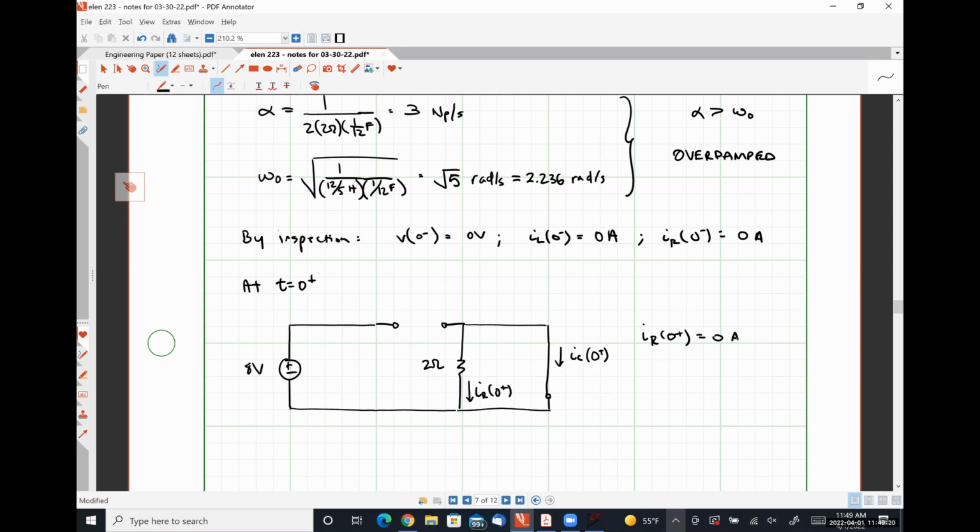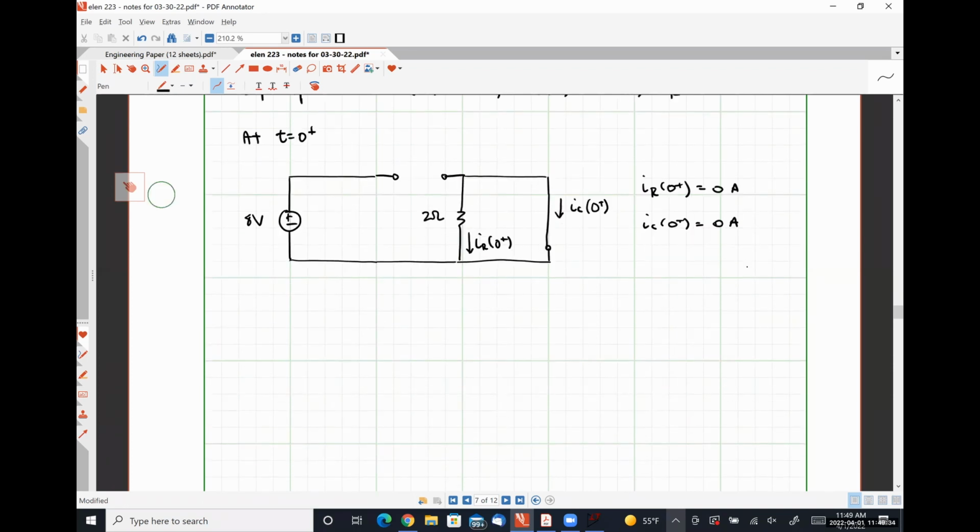IC at 0 plus is also 0. Okay. How do we feel about this analysis? Pretty straightforward. Lastly, we analyze the circuit at t is equal to infinity.